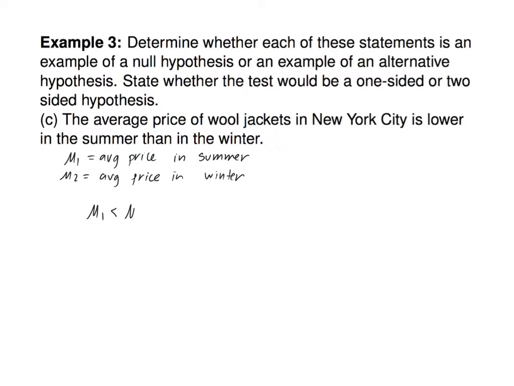Mu1 is lower than mu2, right? Or mu1 minus mu2 is less than 0. Because they said lower, not lower than or equal to, this is alternative again. And because they specified a direction, this is also one-sided.